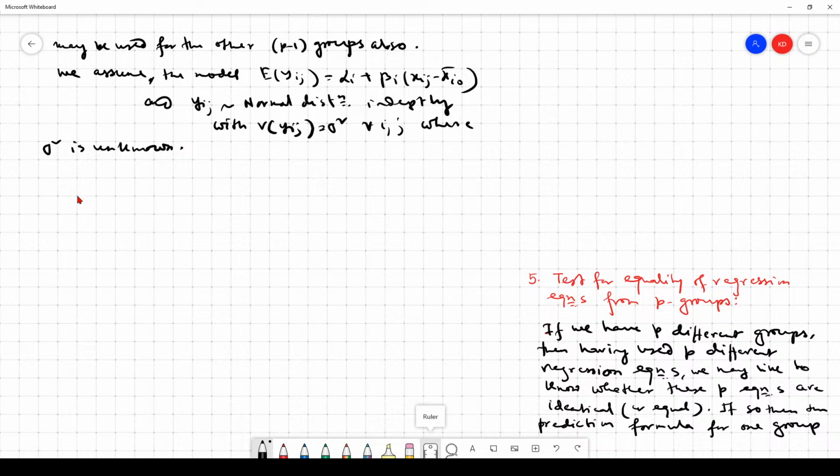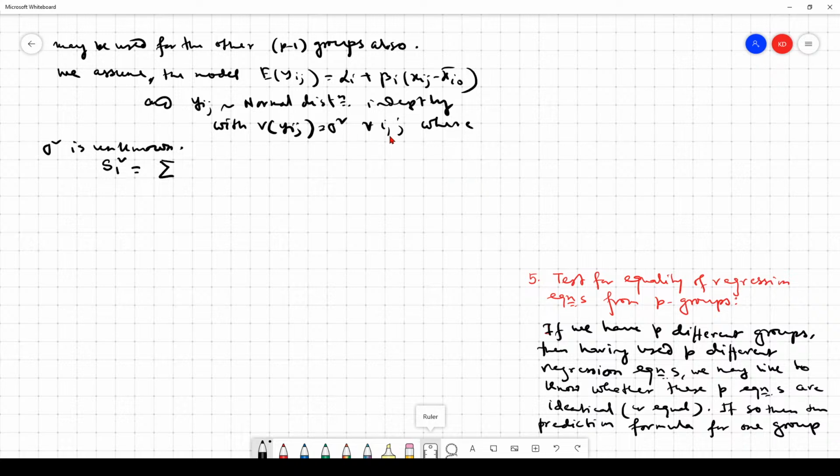Again, the same way you can write the unrestricted residual S1 square, which I already defined. Just see the test corresponding to all the slopes being the same or parallel. All the slopes are equal. That means all regression lines are parallel. That is 4.